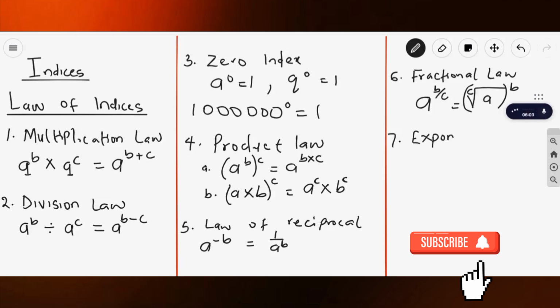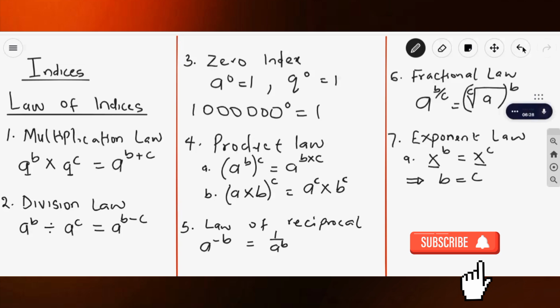Then we have the exponent law. This can also be in two forms. The first one: when you have x raised to power b equals x raised to power c, this implies that b is equal to c.